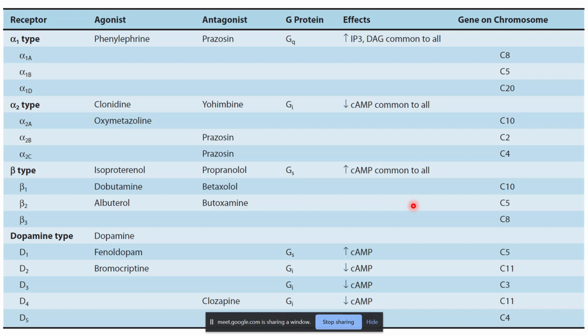Activation of beta receptors, beta-1, 2, and 3, results in stimulation of adenylyl cyclase and increased conversion of adenosine triphosphate to cyclic adenosine monophosphate, and that increases its concentration.